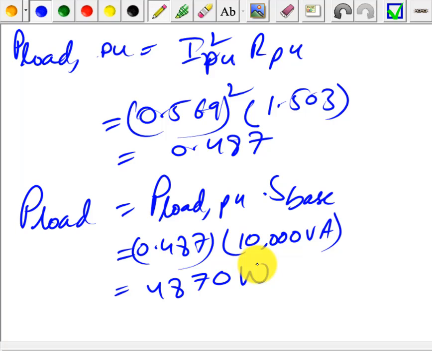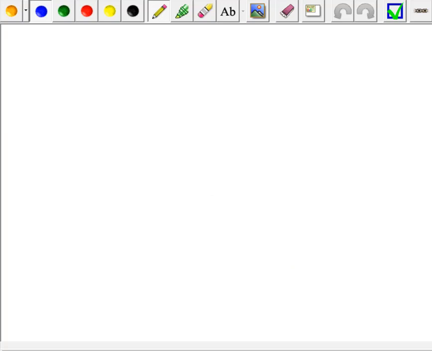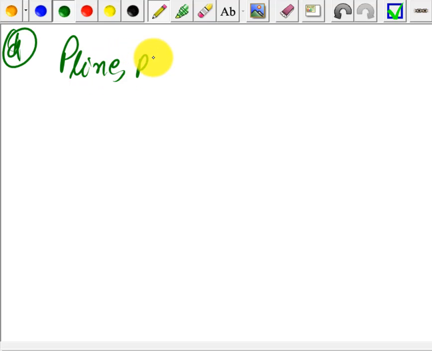Now let's look at the next part of this question, and it says find the power lost in the transmission line. So we need to find the power loss in the transmission line. That is straightforward. D part, it says that we need to find the power loss in per unit.